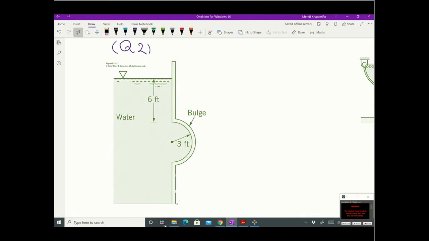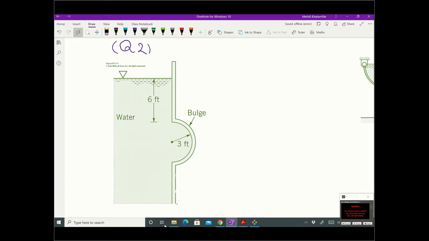Basically, we have a tank with this circular shape at the side, and consider the depth of the tank to be 1 foot. So all the calculations will be per 1 foot.